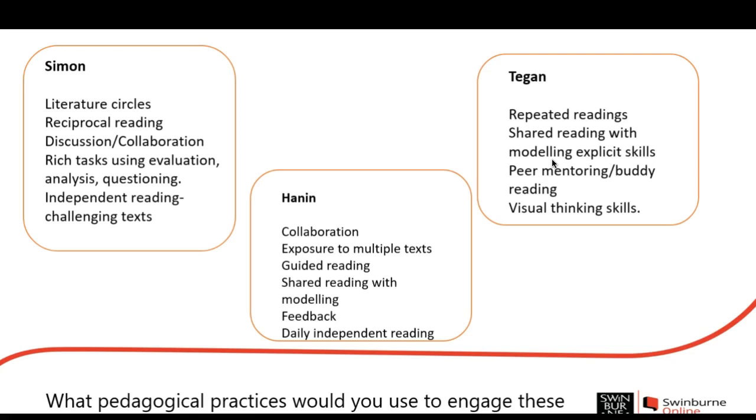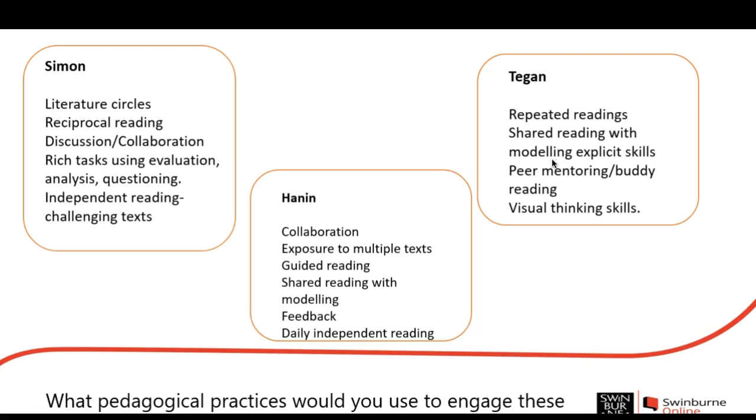He really needs to be doing some sort of reciprocal reading scenario when he's working with the teacher. He could also be doing some independent reading himself, but I would be encouraging him to choose challenging texts. A lot of the time they say just right texts are good for independent reading.